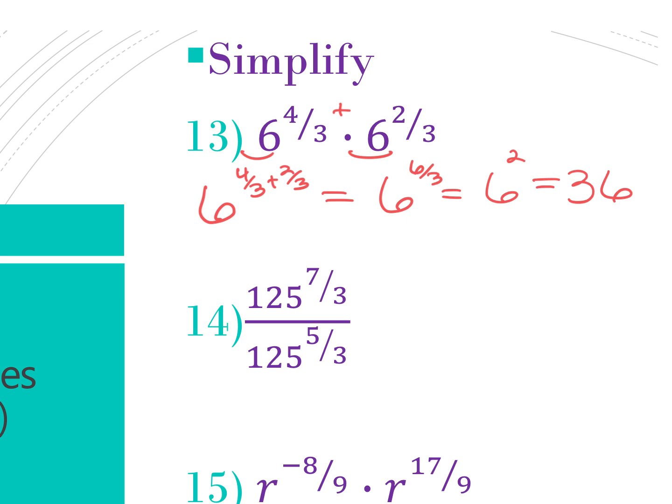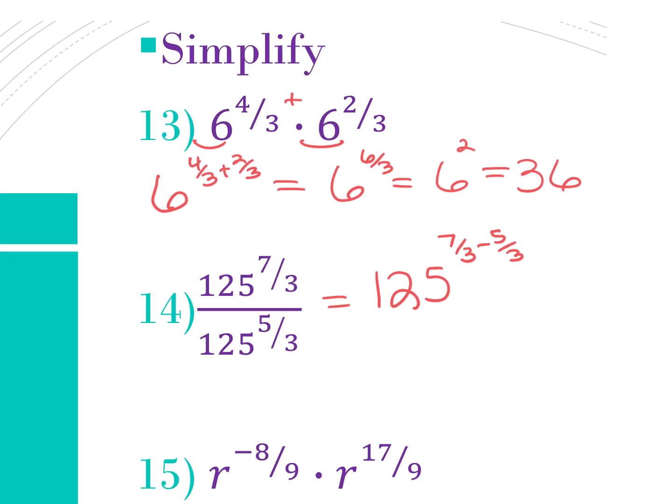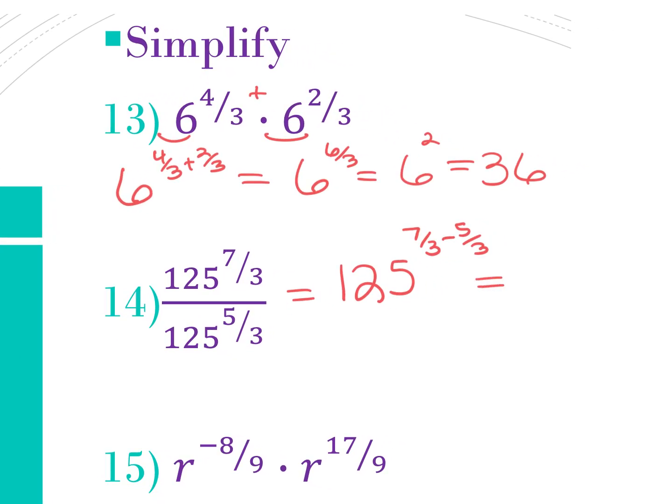Remember, when you divide numbers that have the same base, you're going to take those exponents and subtract them. So I keep the 125, and then I'm going to take 7/3 and subtract 5/3. So then once I subtract it, I get 125 raised to the 2/3 power.